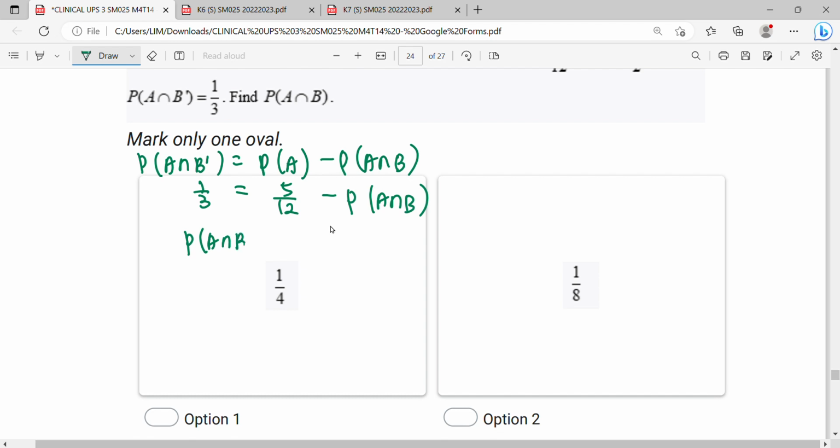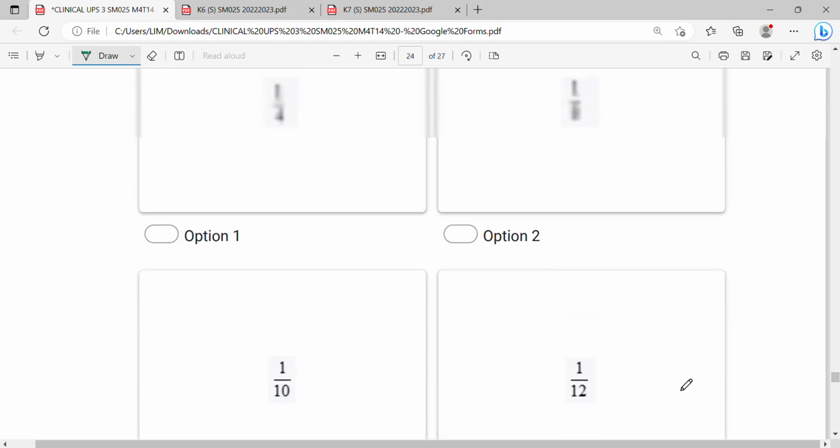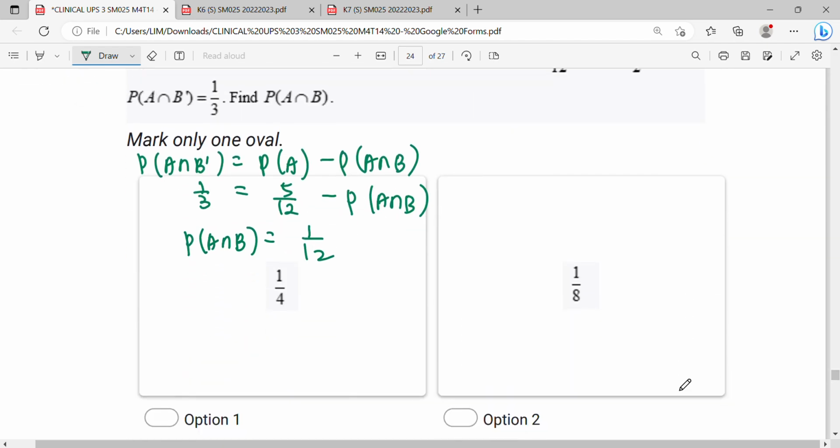So we just find out what's this. 5 over 12 minus 1 over 3. So 1 over 12. Dah, boleh.